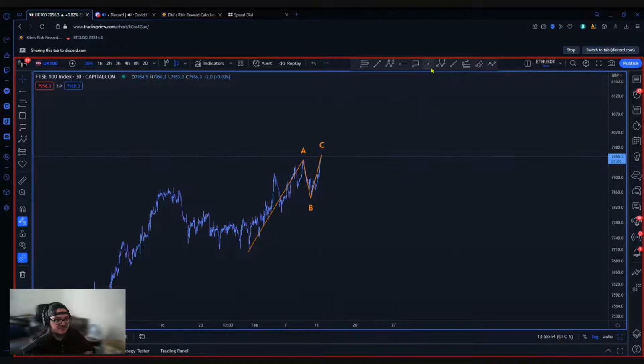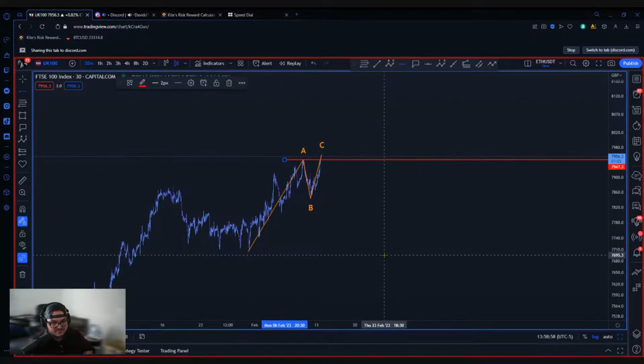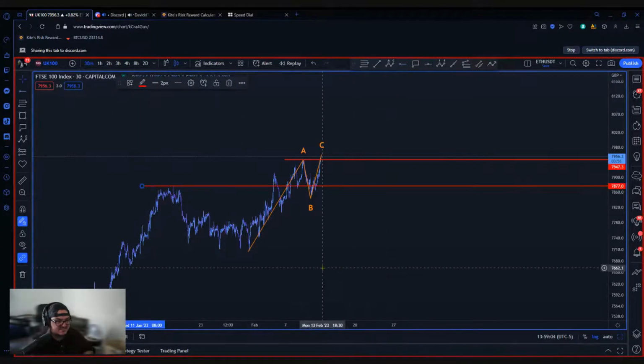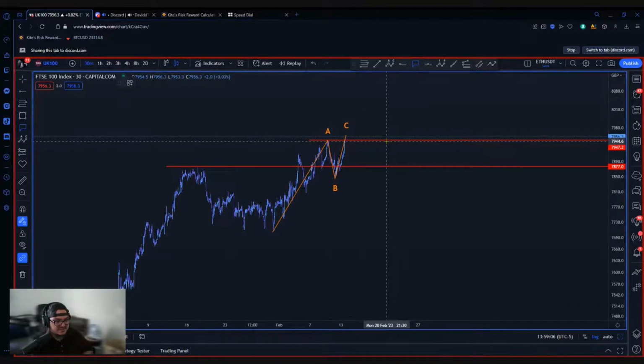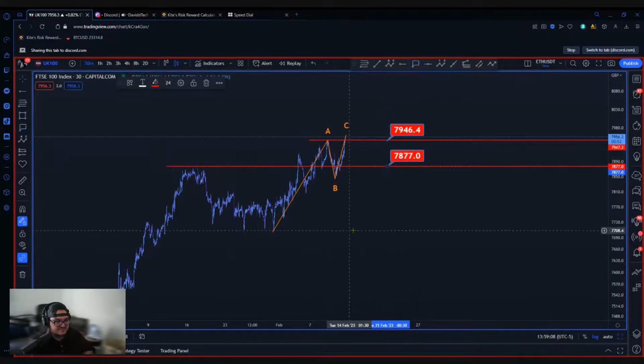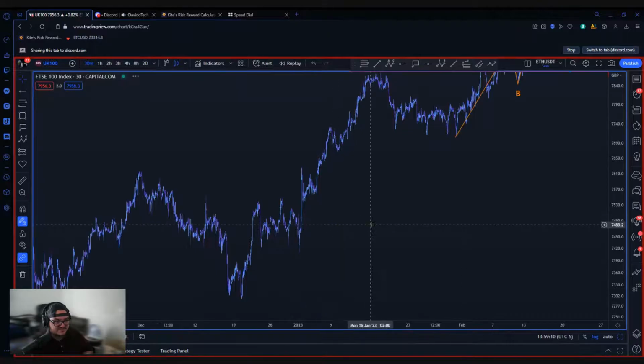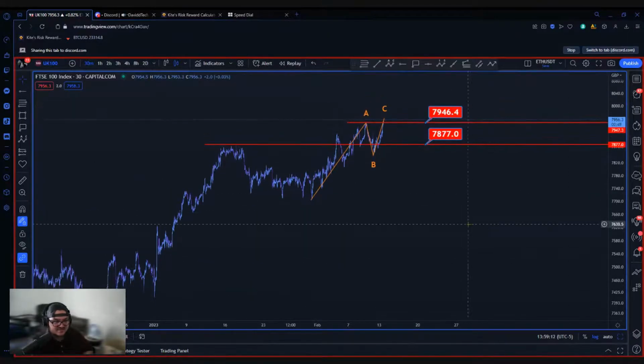Possible ABC here. You get back below 79.47.30. The major pivot to get back below is around 78.77. So there's a couple different setups to play into, but there's definitely some possible bearish reversals coming for the UK 100.